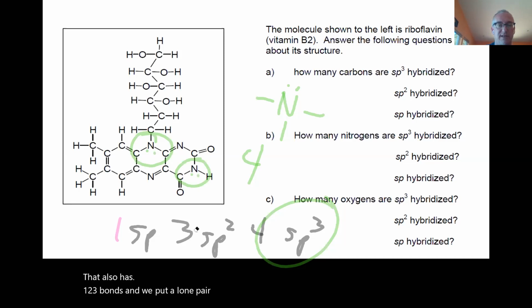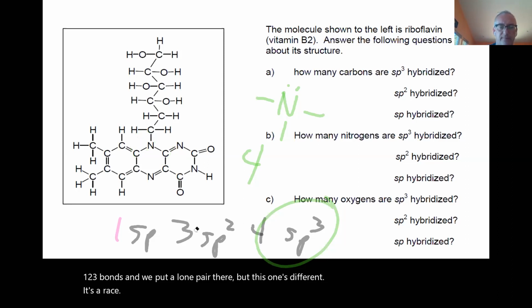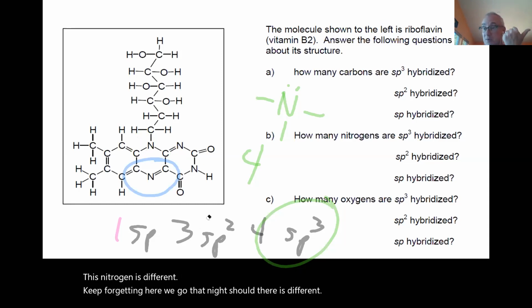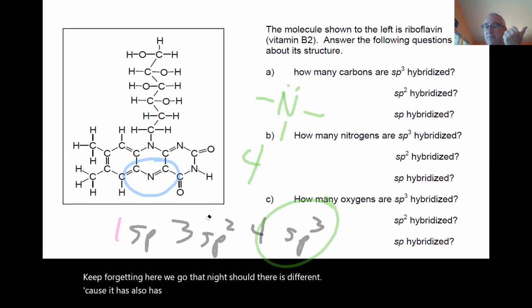But this one's different. We have a nitrogen here that's different. That nitrogen there is different because it also has 3 bonds, but one of them is a double bond.